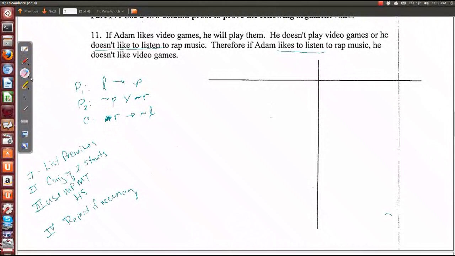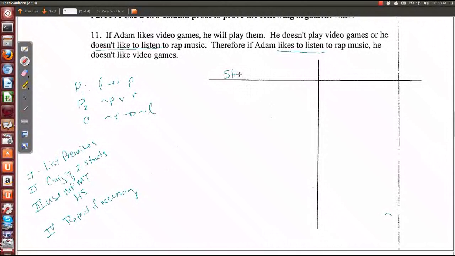We just need to make sure that we are consistent. So I'm going to rewrite these. L conditional P, negation P disjunction R, negation R conditional negation L.